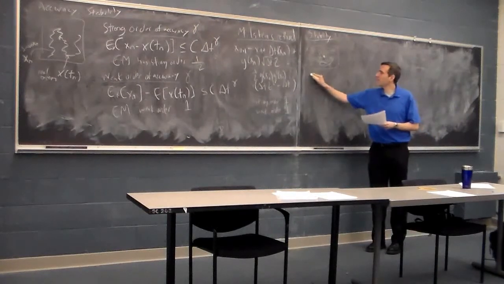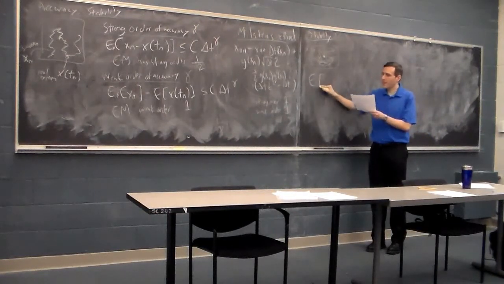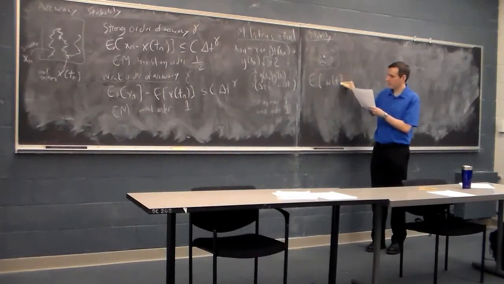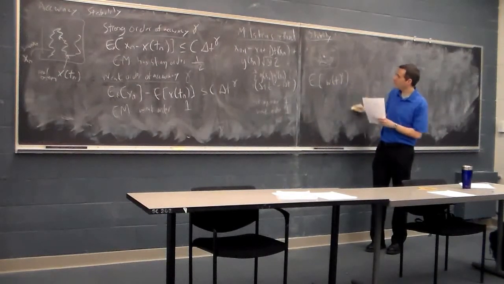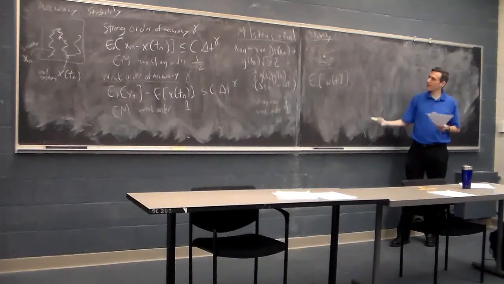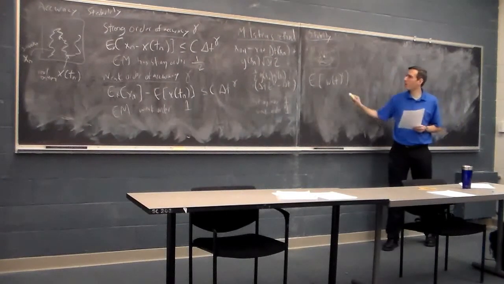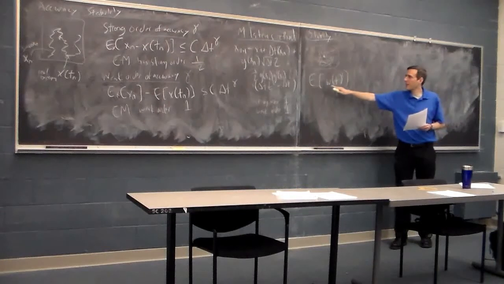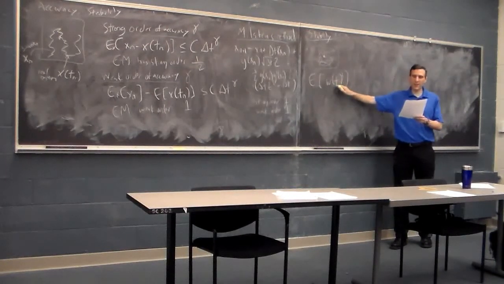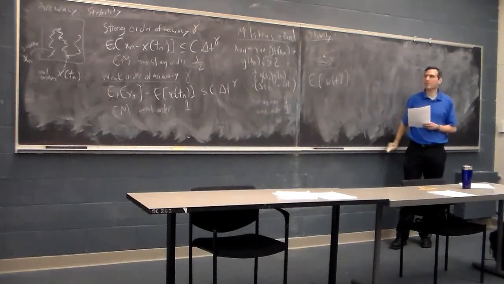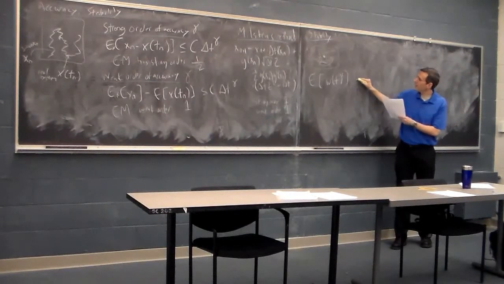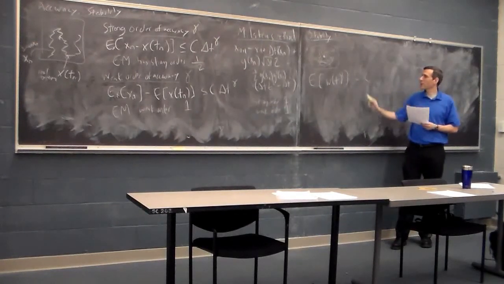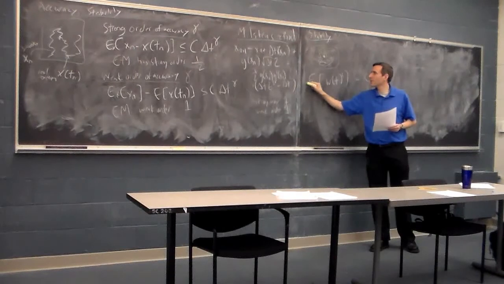It ends up that a decent definition is to say that a system is stable if the expectation of the noise process W of t squared is some constant, or in the limit as t goes to infinity, approaches some constant.